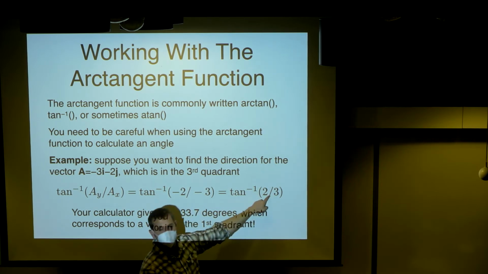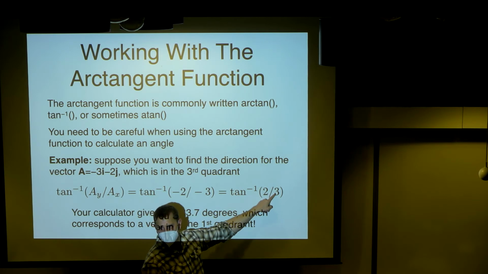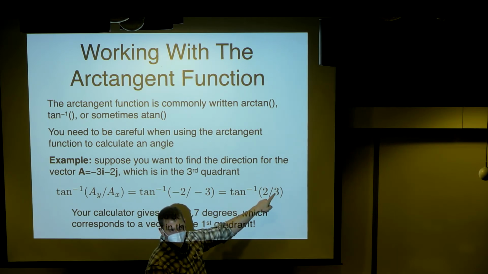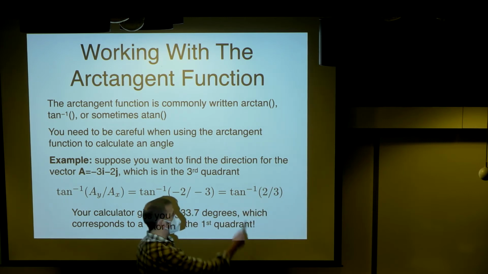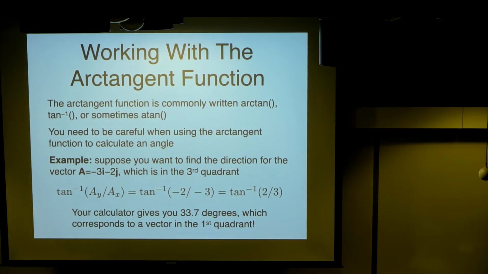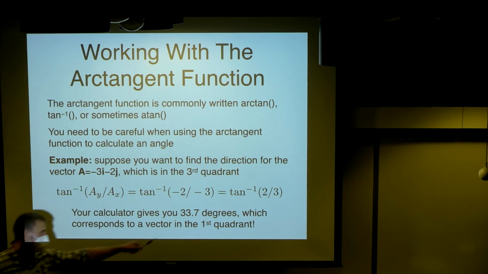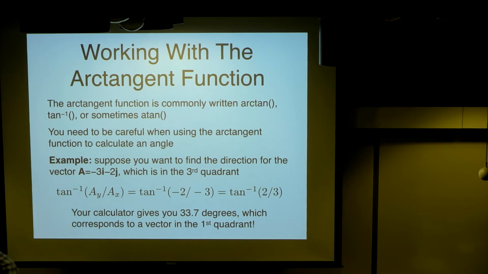And maybe you can already see what the problem is. Because this would be like calculating the vector angle in the first quadrant, because we've canceled out the negative signs. So punch this into your calculator, do inverse tangent of 2 over 3, and see what you get. Did you get 33.7 degrees? That's wrong, right? It's not the right answer. So this is what I'm getting at.